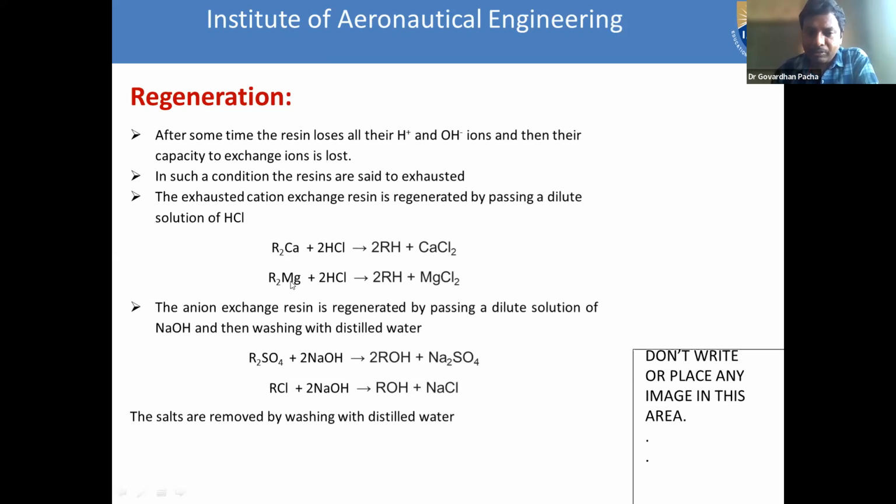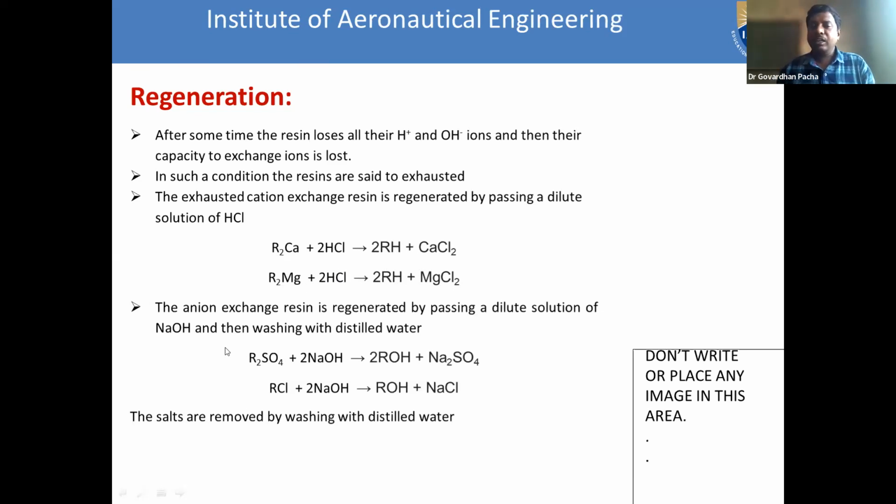By balancing the chemical equation, the cation exchanger R2Mg reacts with 2 moles of hydrochloric acid to give 2 moles of RH plus MgCl2. From these two equations we regenerate the cation exchanger, and we understand that cation exchange resin regeneration takes place with the help of dilute hydrochloric acid.